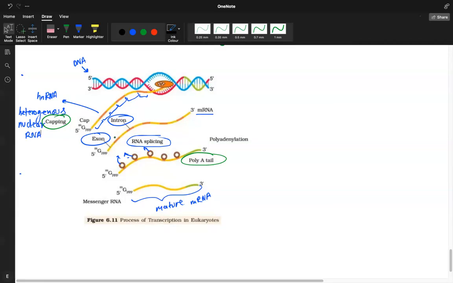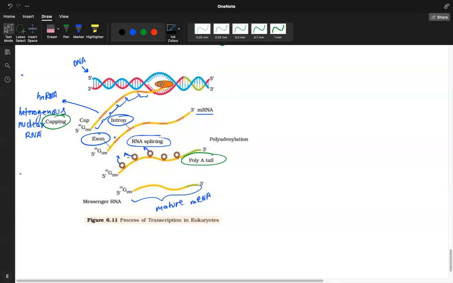The genes are longer also, because sometimes more than half of the gene is just intron, which has to be removed. So it will take time to be transcribed completely. So capping and tailing are the processes by which you make the RNA stable, because you still have to work on it and make it a mature mRNA. And to work, it has to be stable. It should not just start degrading.